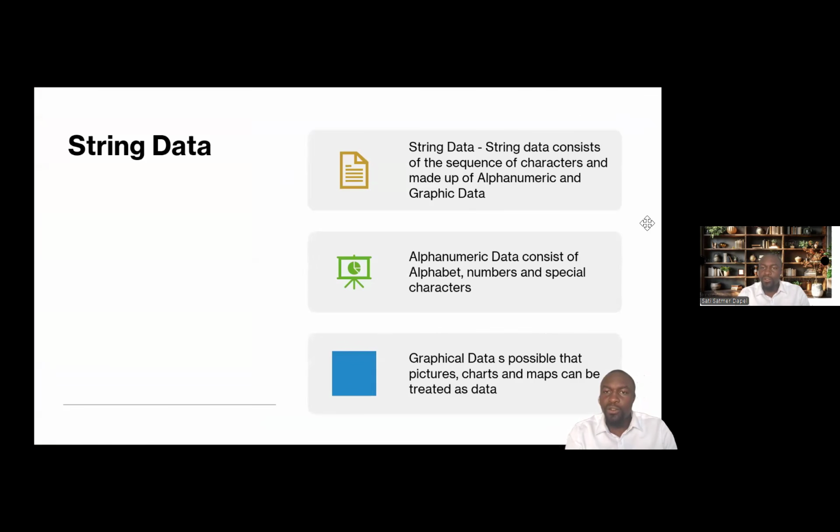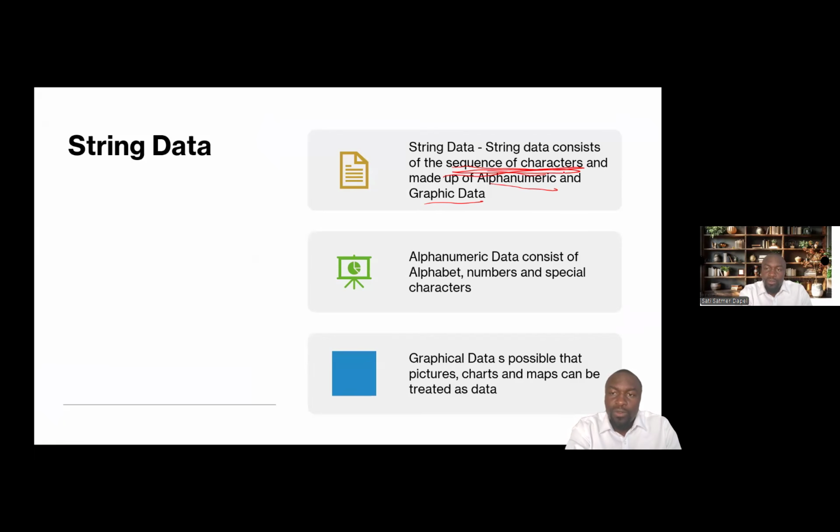The string data consists of a sequence of characters, very important. So we say it's made up of what? Sequence of characters. That's what makes a string a string.